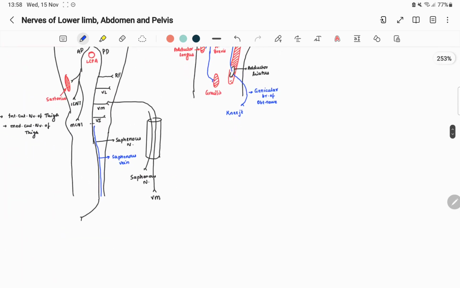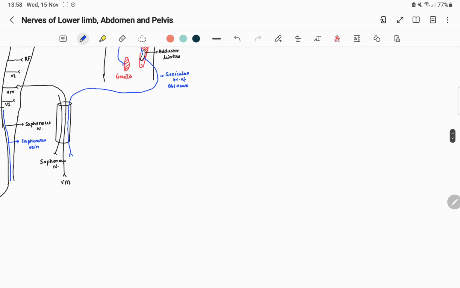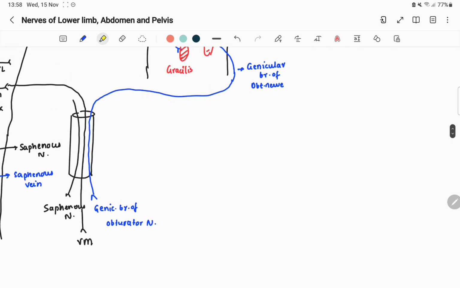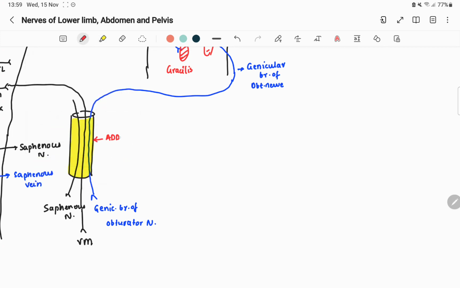Just importantly remember that this genicular branch of the obturator nerve is also a content of your adductor canal, or your Hunter's canal. This is your adductor canal, or Hunter's canal.